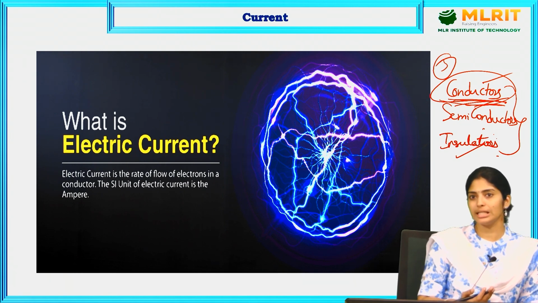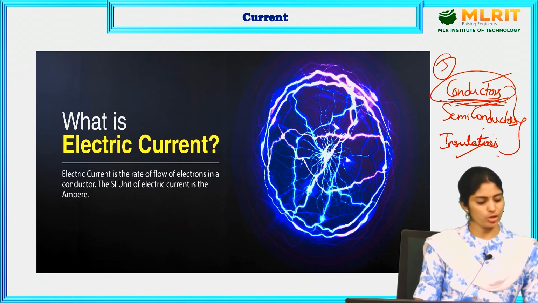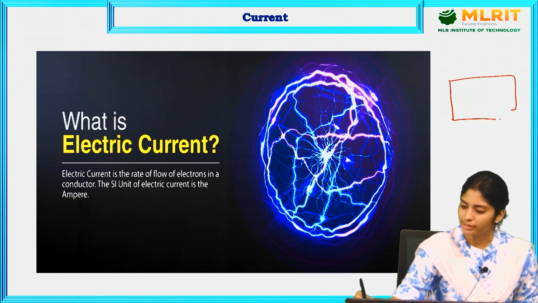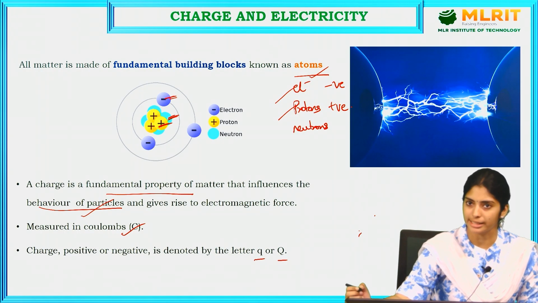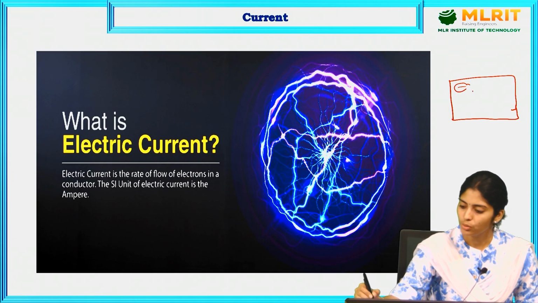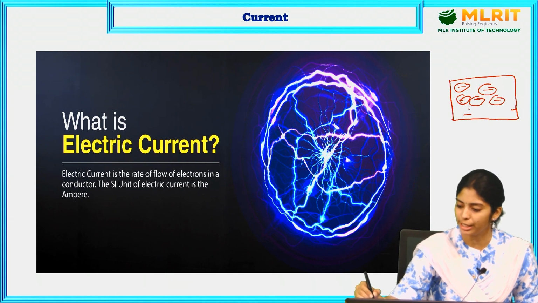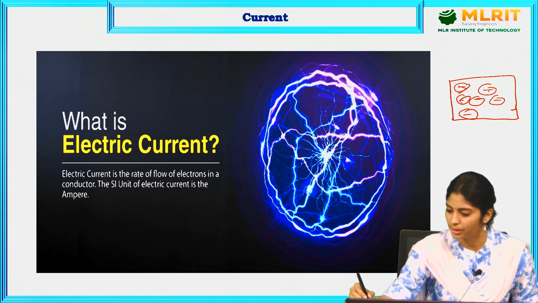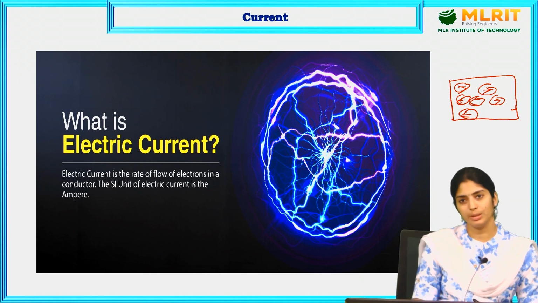Why I mention a unidirectional manner is that, generally, in any material, meaning a conductor, there will be a flow of electrons, but the flow of electrons will be in different directions. Some will flow like this, some will flow like this. So the flow of electrons will be in different ways.